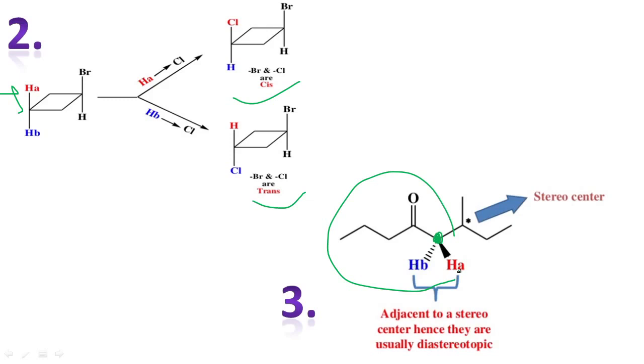So these are HA and HB. When you replace any one, what will happen? These are usually diastereotopic.